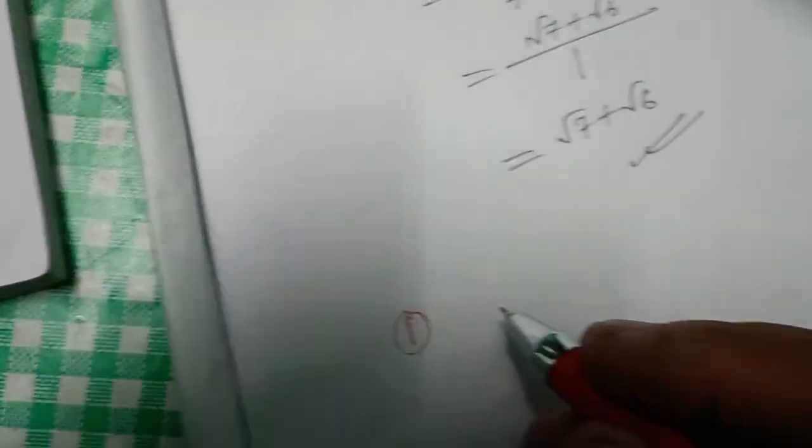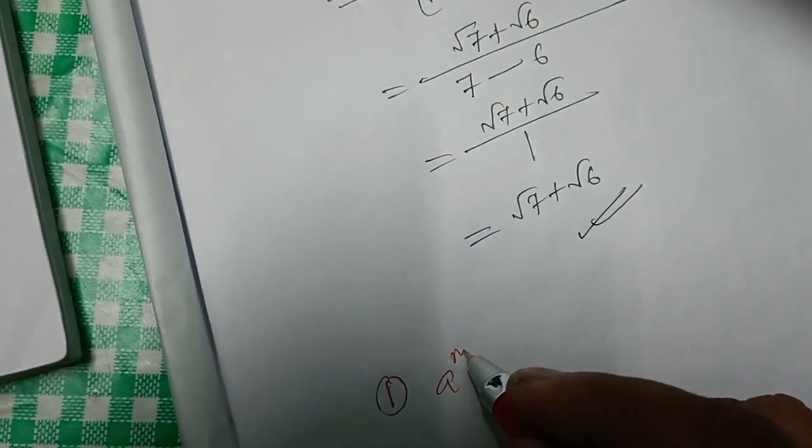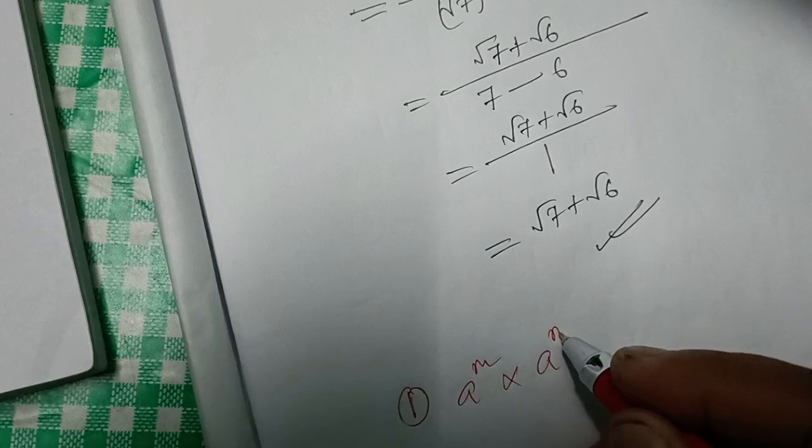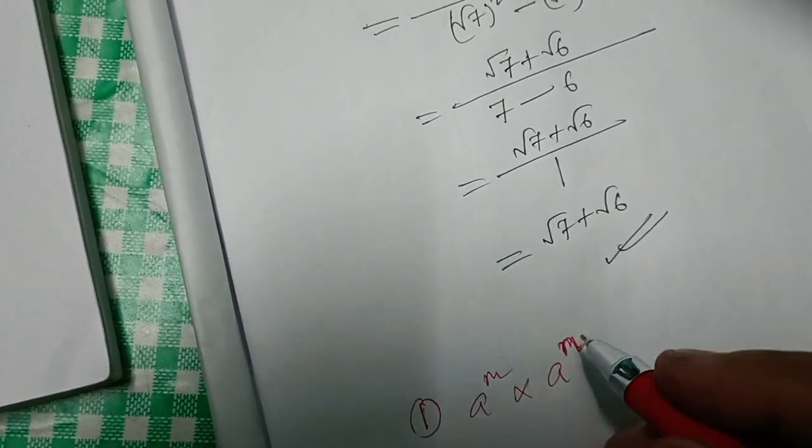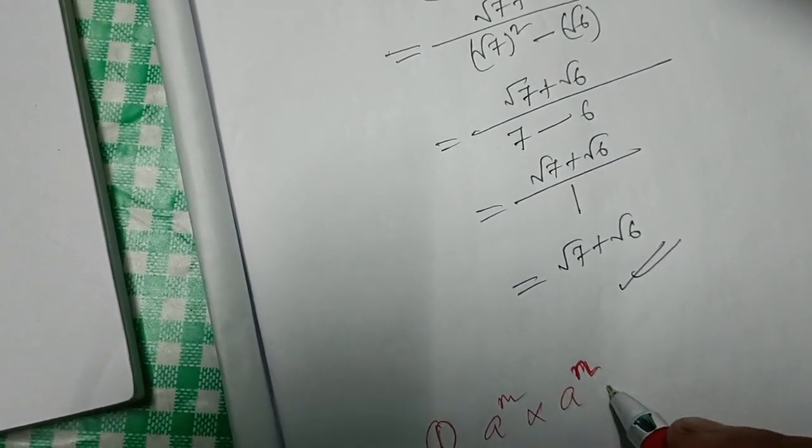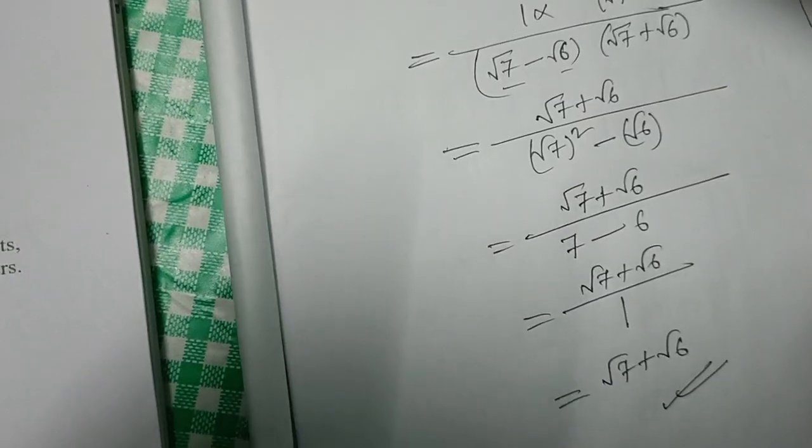Suppose your first law, I'm writing here: a to the power m into a to the power n. What does it mean actually?